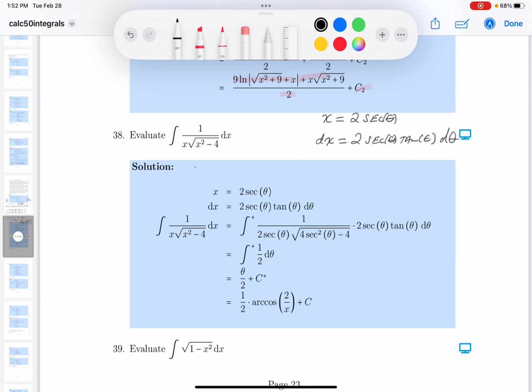All right, so we're making a substitution. Let's see. We have to clear this whole thing out, don't we? So the bottom, I see 2 secant theta.